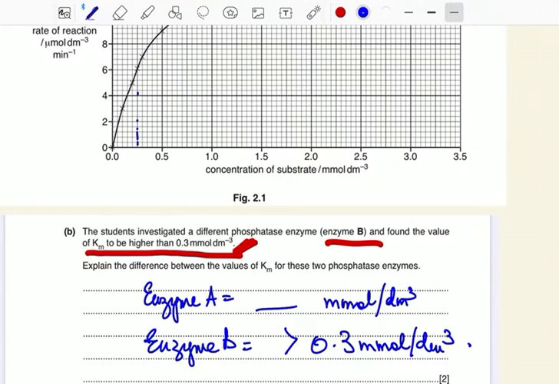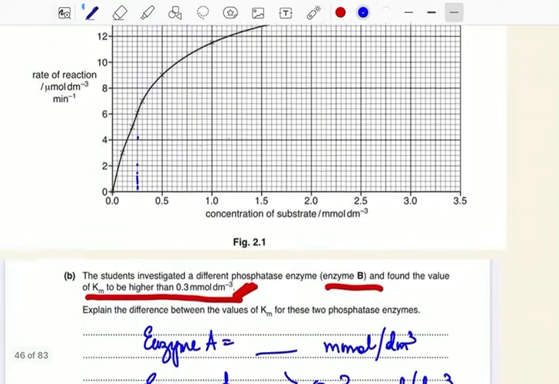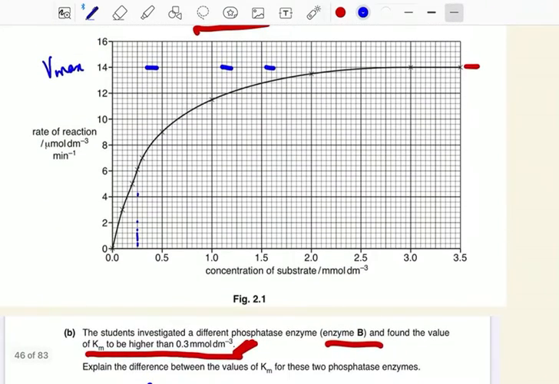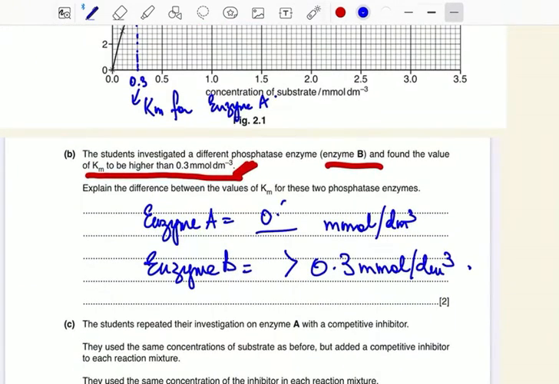Okay? So let's say if this is half Vmax, this is the Km for enzyme A, and then the Km for enzyme B is more.